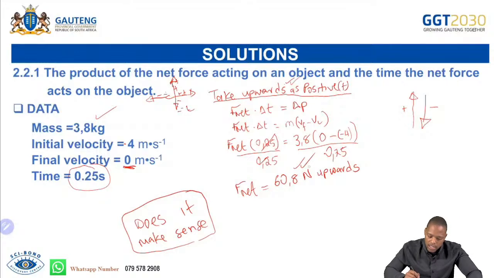Because if we don't, we might get our answer as negative and leave it like that. In that case, that answer will not be correct, because it has to make sense. It's in the direction where the force is exerted. Okay, right. So as you can see, the force that the cat experiences is not big. It's a small amount of force, right? Why?